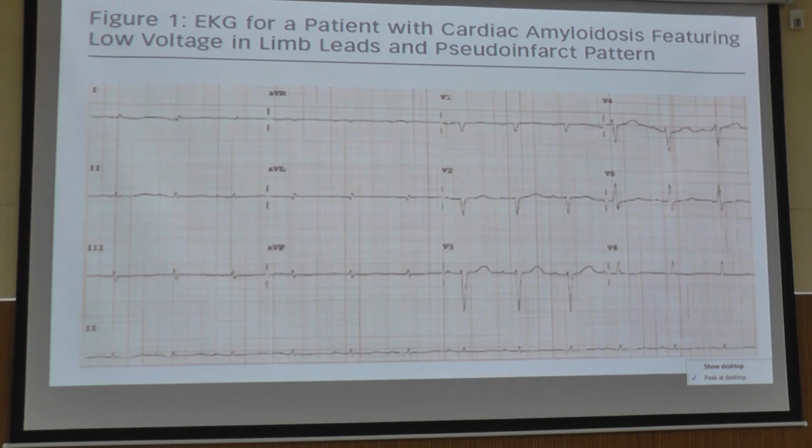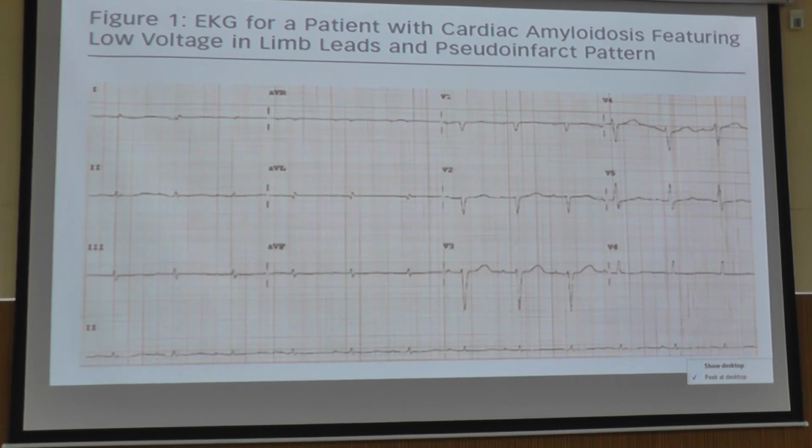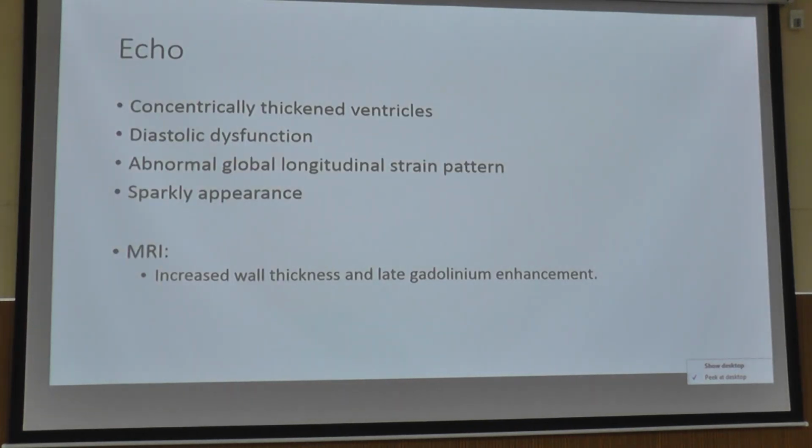Subsequently, when you do an echo, you don't find any evidence of infarction there. You have to think in terms of whether it is amyloidosis. Echo shows thickened ventricles, diastolic dysfunction, and an abnormal global longitudinal strain pattern. The main things to remember are ventricular thickening and diastolic dysfunction.